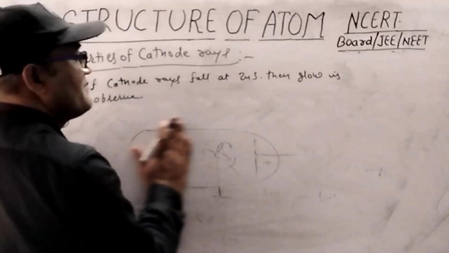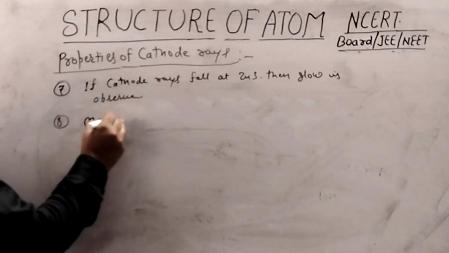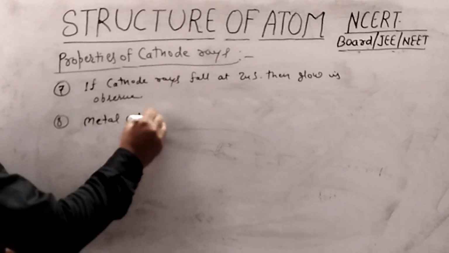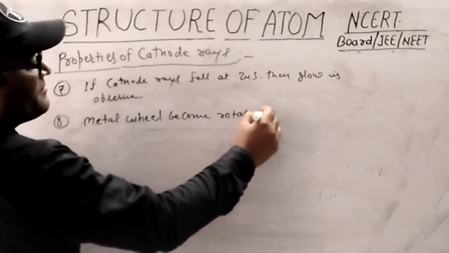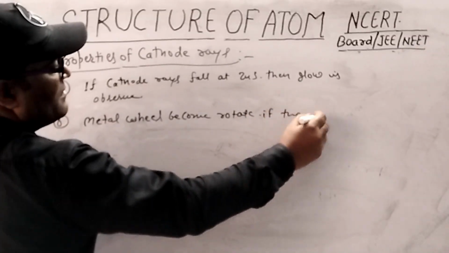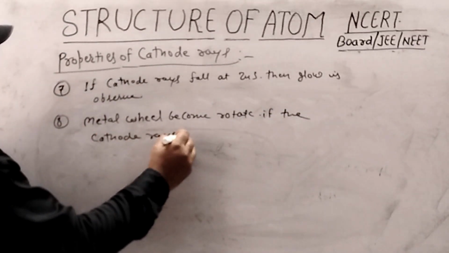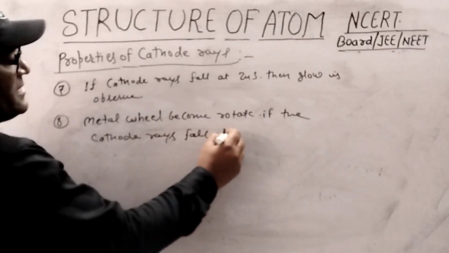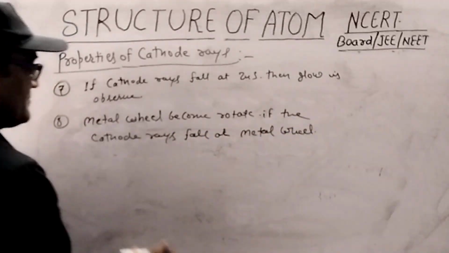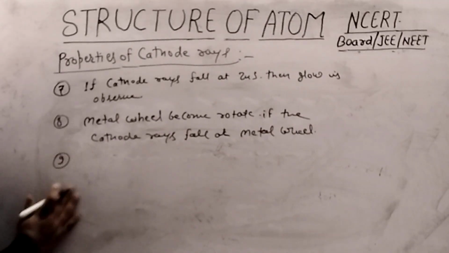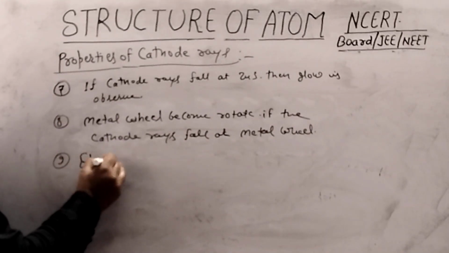We can write here: metal will rotate if the cathode rays fall at the metal wheel.